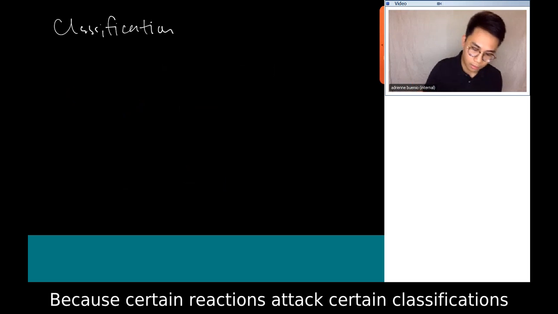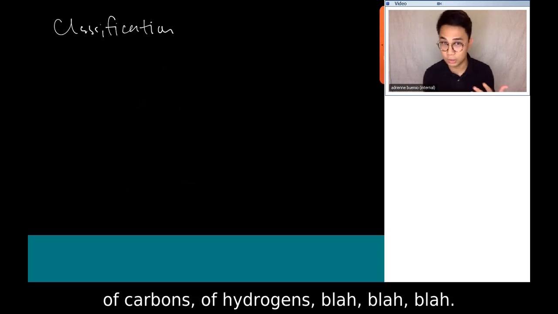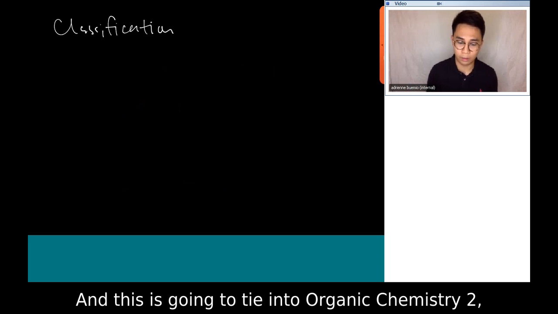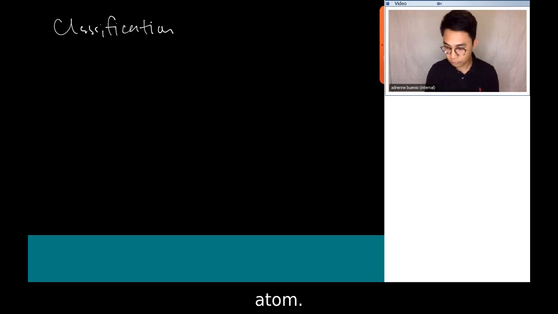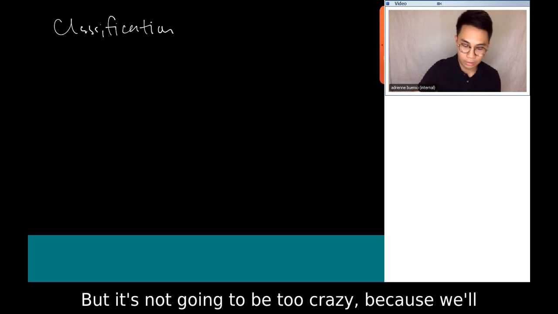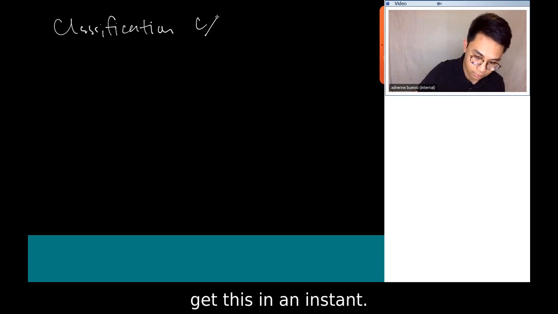Because certain reactions attack certain classifications of carbons, of hydrogens, and so on. And this is gonna tie into organic chemistry too when you start pinpointing each and every carbon and hydrogen atom. But it's not gonna be too crazy. You guys will get this in an instant, right?